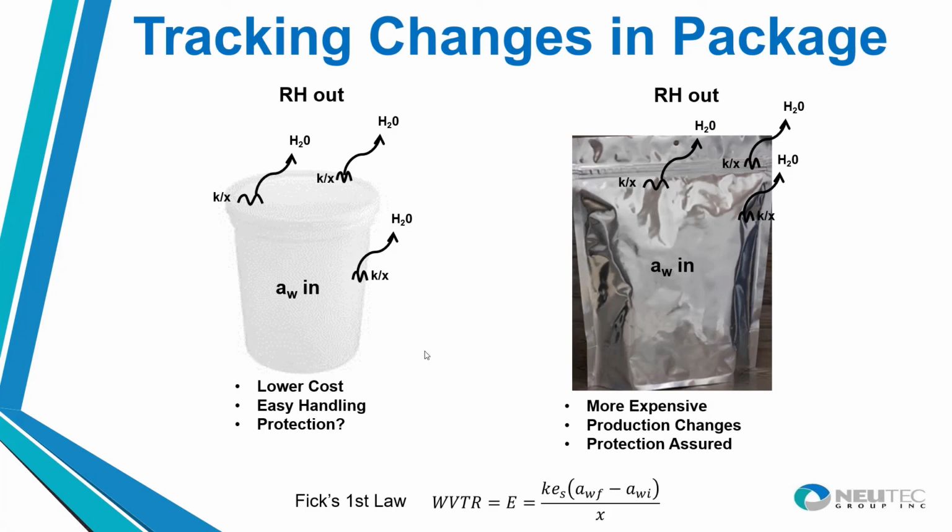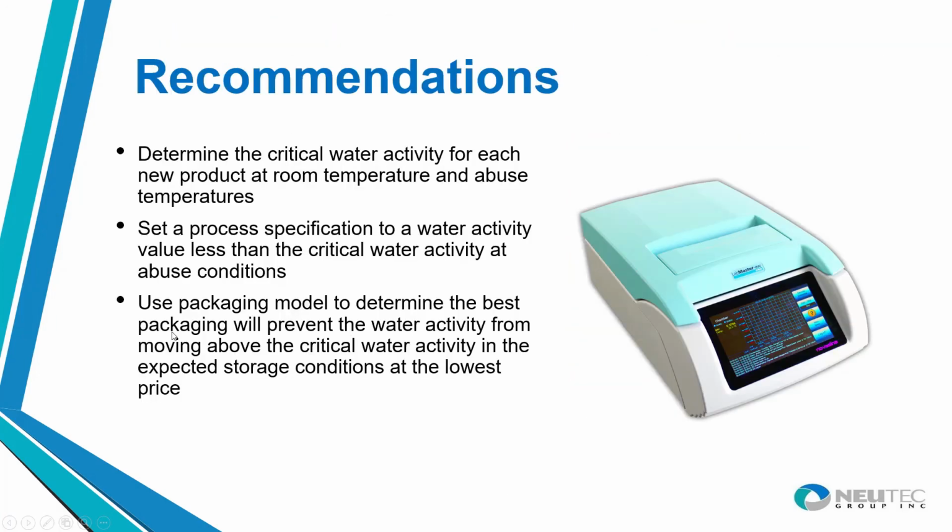So once that was done, the process is, we've identified the critical water activity through the experimentation that we're able to do, and through the isotherm, the dynamic isotherm. So we know where that is.